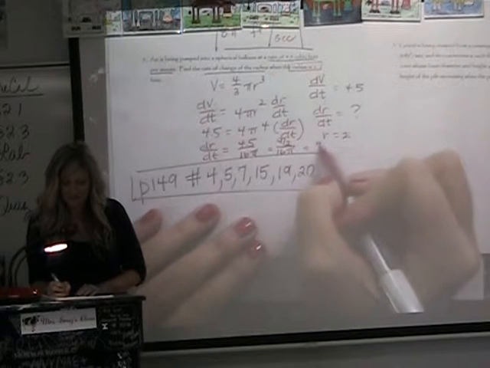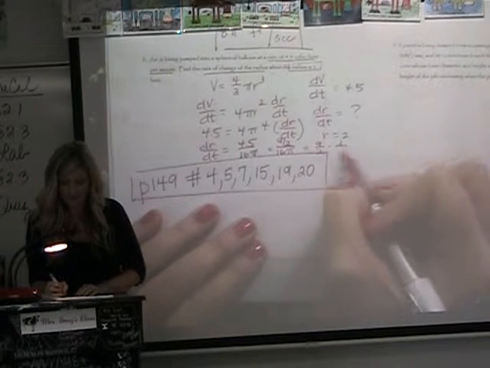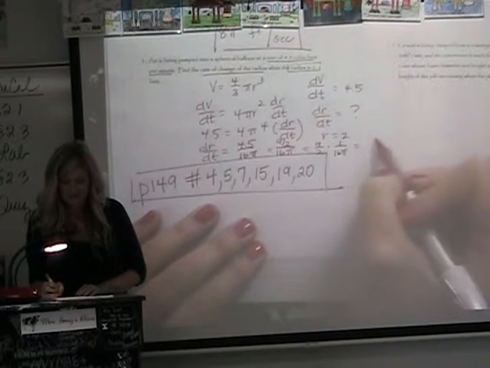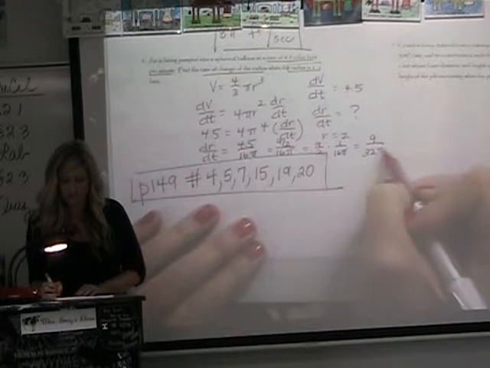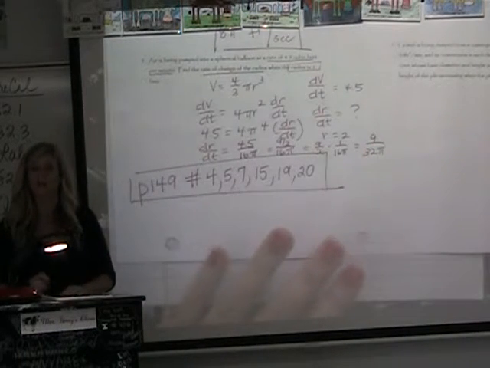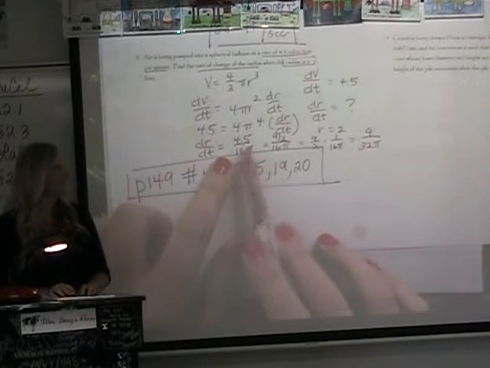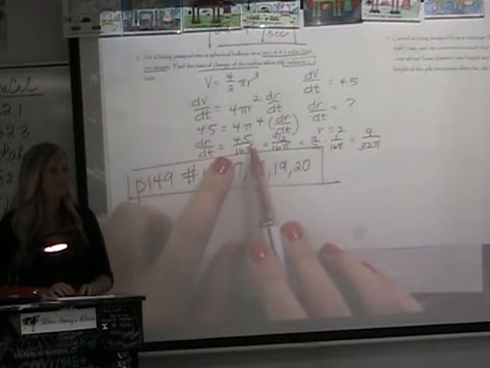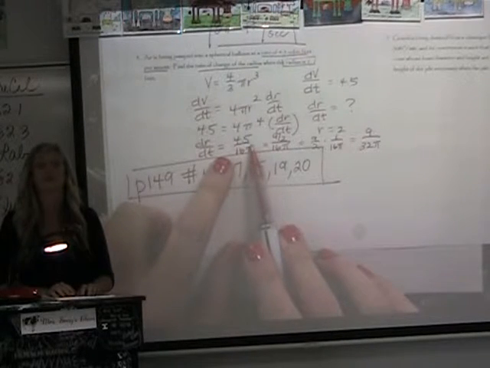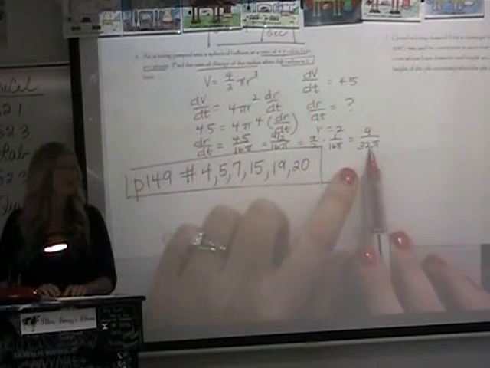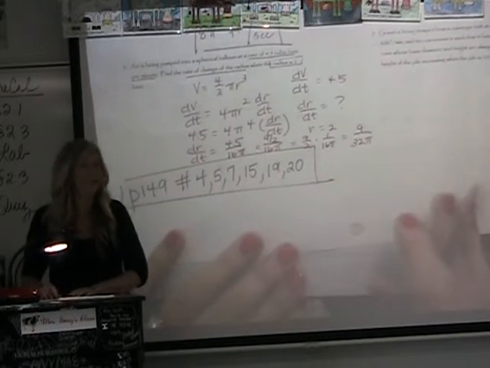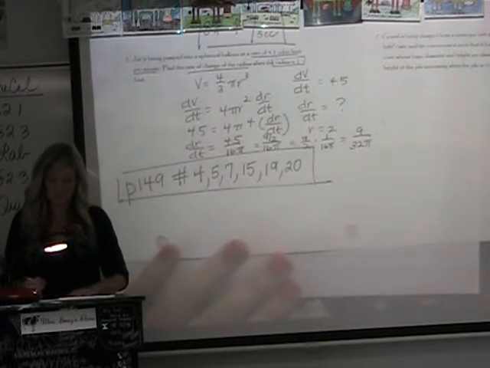And then 9 over 2 times 1 over 16 pi gives us 9 over 32 pi, which is how it will be written on a multiple choice question. Again, free response, you can leave it as 4.5 over 16 pi and they would give you full credit, but on a multiple choice question, you would need to take it all the way out so that you don't have a decimal inside a fraction.